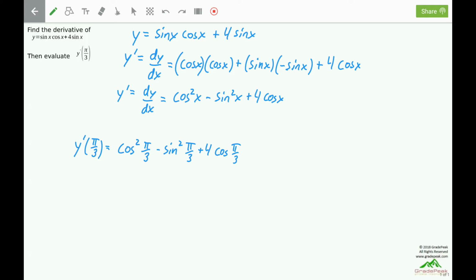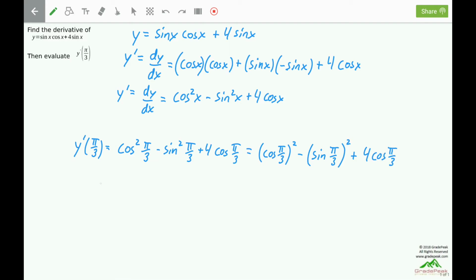Cos squared means to take the cosine first and square the result. It may be helpful to write it that way to remind you. The same thing with sine squared. That means to evaluate the sine first and then square that result. And then the third term I'll just leave the way it is.